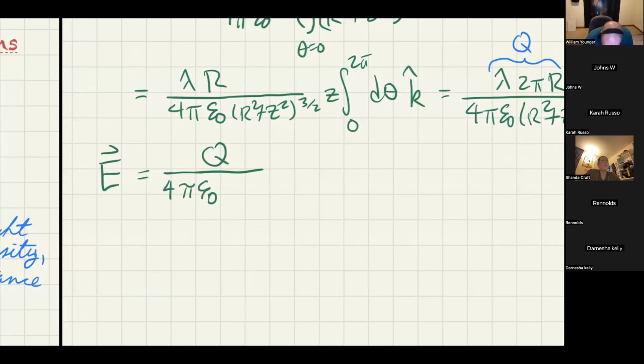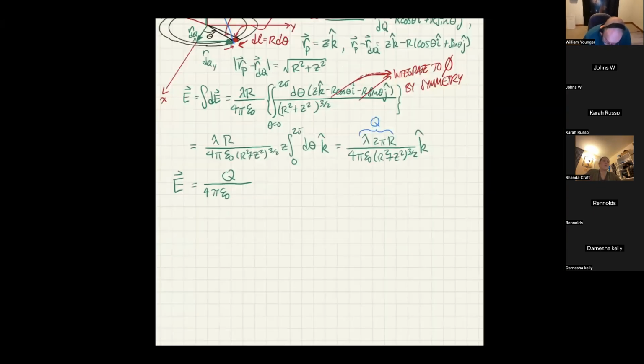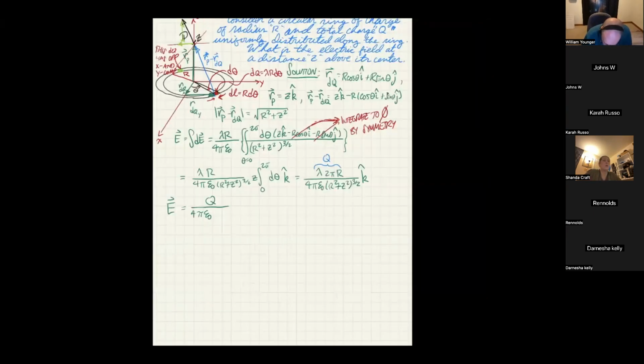So 4 pi epsilon naught times r squared plus z squared, all that to the 3/2 and acting in the k hat direction. So that's really what our electric field is.